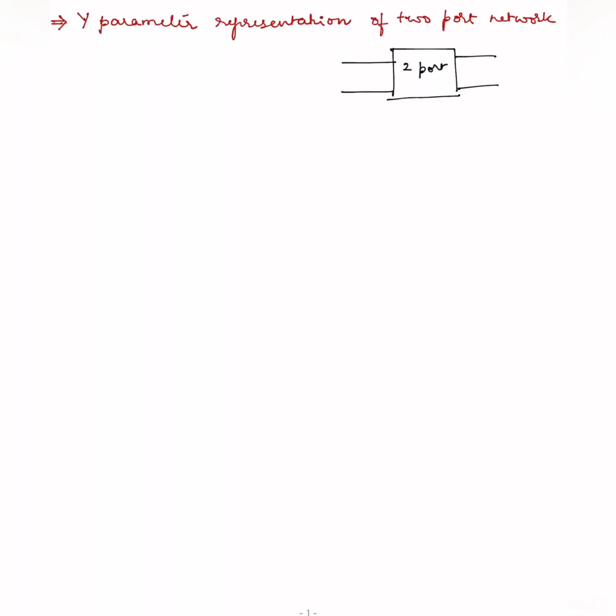In the case of Z parameters, we used to open circuit the output side, or open circuit the input side, to get the Z parameters. So they were called open circuit parameters. Now these are called short circuit parameters because you are shorting the output ends or input ends.